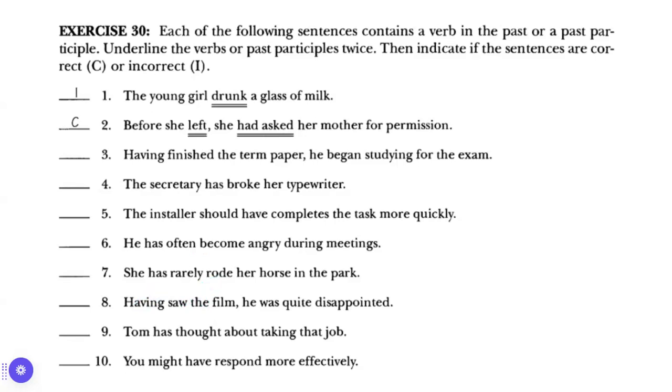It's incorrect. It should be having seen the film, he was quite disappointed. Number 9, Tom has thought about taking that job. Correct. And number 10, he might have responded more effectively. It should be he might have responded more effectively.